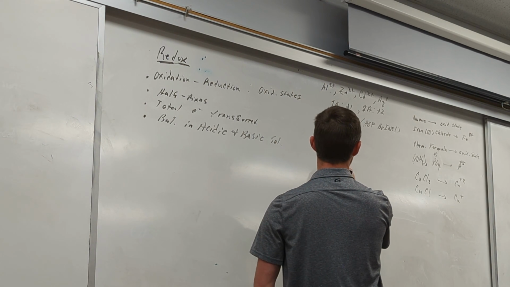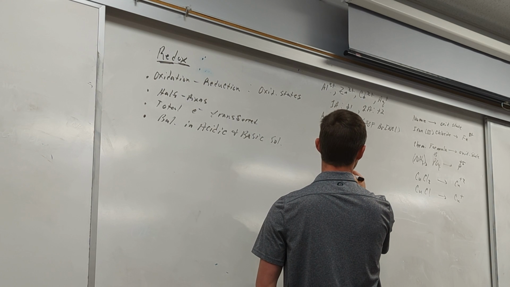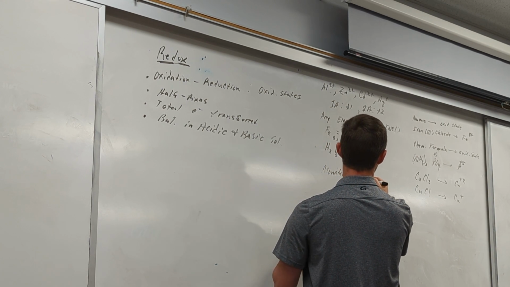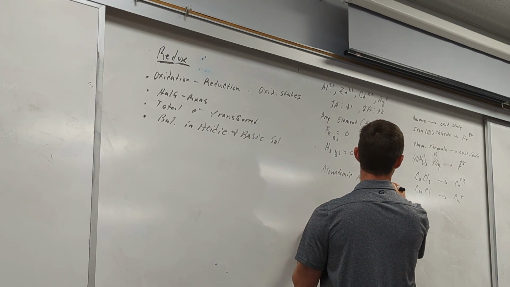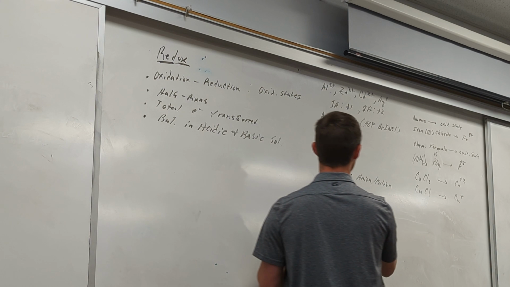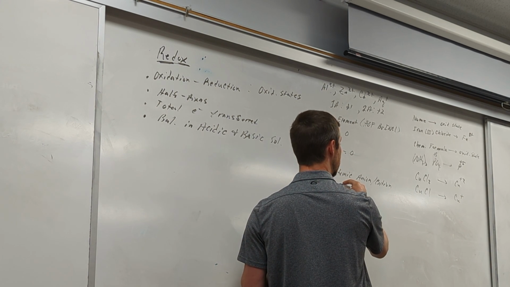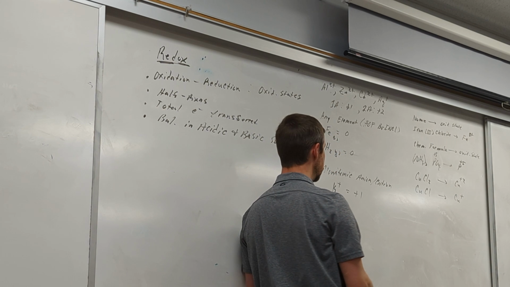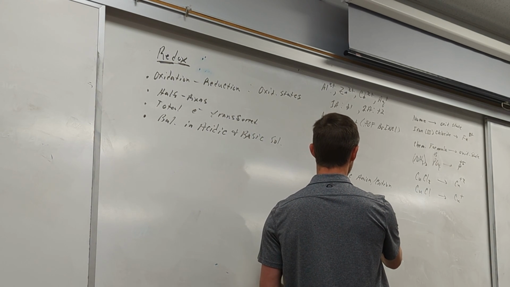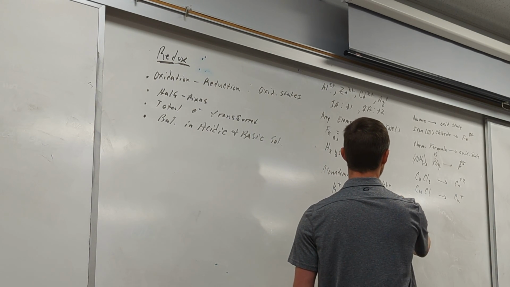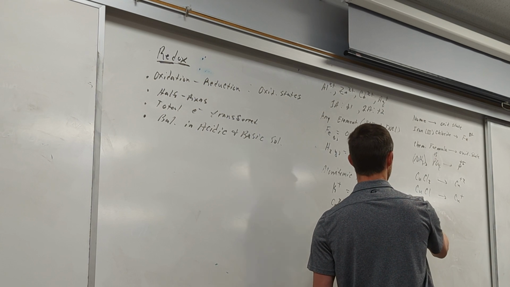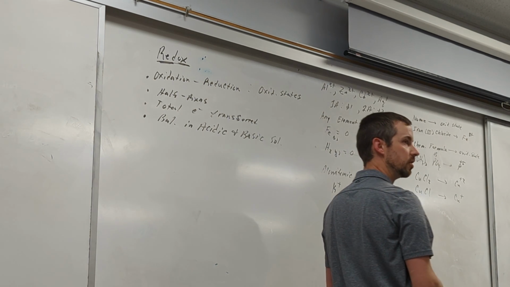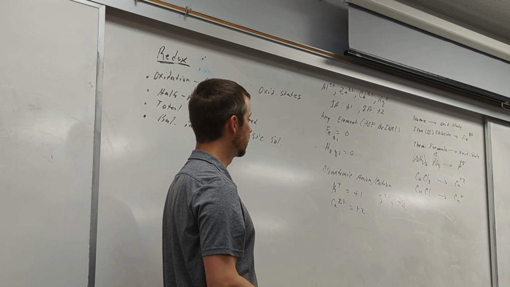Any monatomic anion or cation: if you had K plus, the oxidation state of potassium ion is a positive 1. Ca2 plus is a positive 2. S2 minus is a negative 2. Nothing crazy there. The charge of the ion is the oxidation state of the ion.